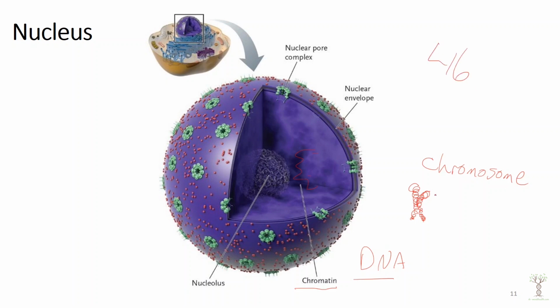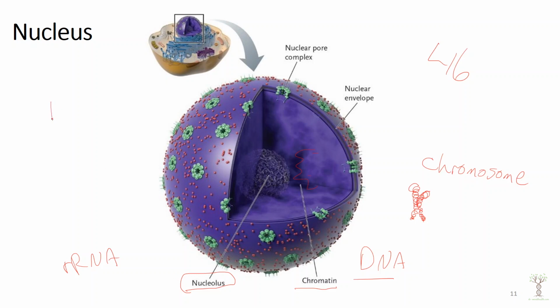We have 46 chromosomes. Inside the nucleus, we also have this sort of dark, blobby area called a nucleolus. The purpose of the nucleolus is to make some RNA molecules, specifically ribosomal RNA.